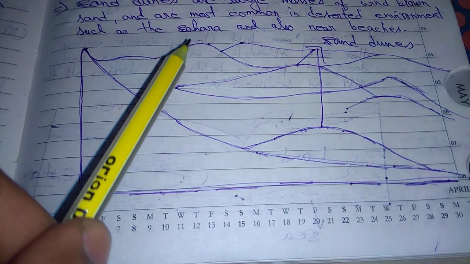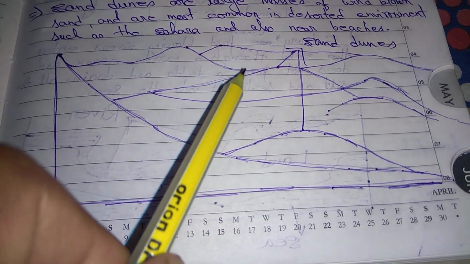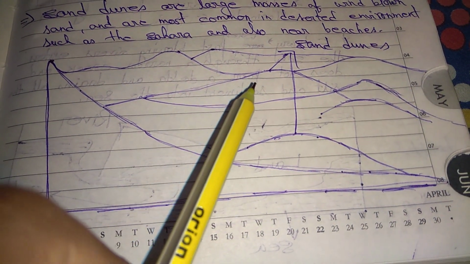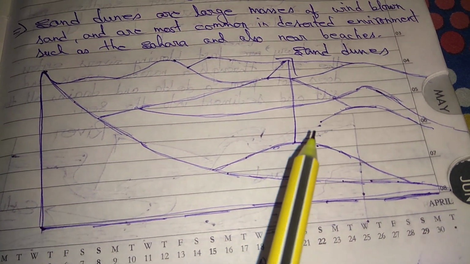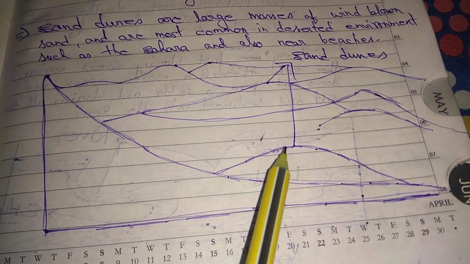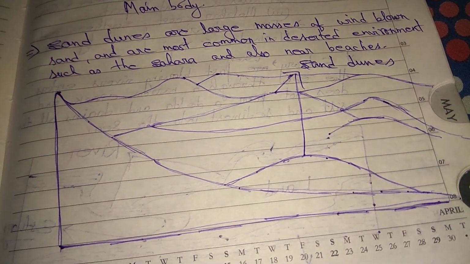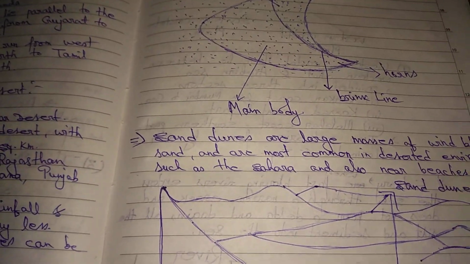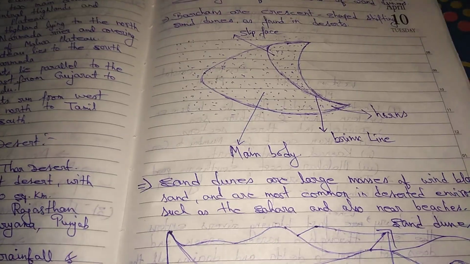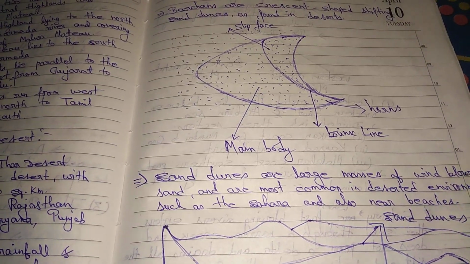Such features, like small mountain-like features appearing in the desert area, are known as sand dunes. This type of feature is also found on beaches. Hope you understood these two words, barchans and sand dunes.